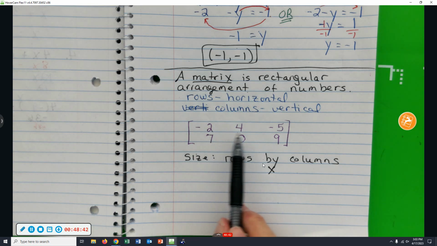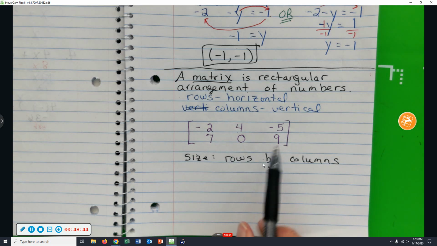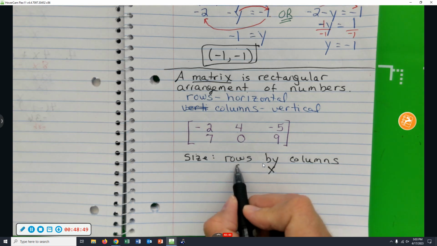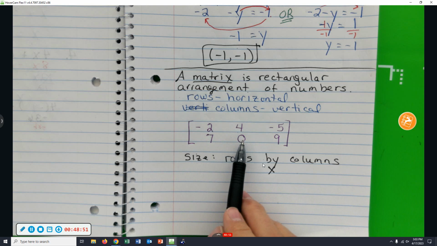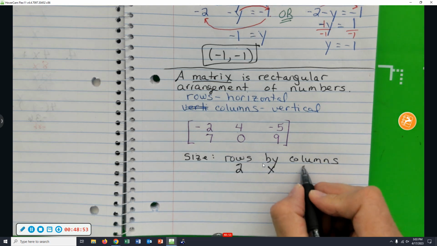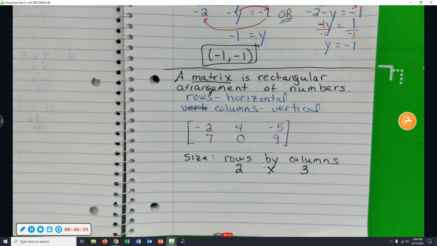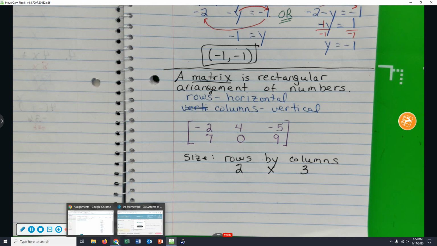This matrix I have right here has how many rows? 2. And how many columns? 3. It's a 2 by 3 matrix. We could spend a semester discussing matrix algebra. Instead, we're going to do a few problems and move on.